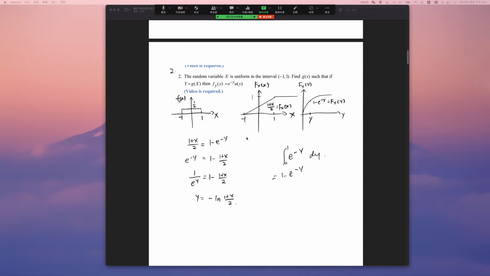And then we write the equation (1 plus x) over 2 equals 1 minus e to the power of -y.